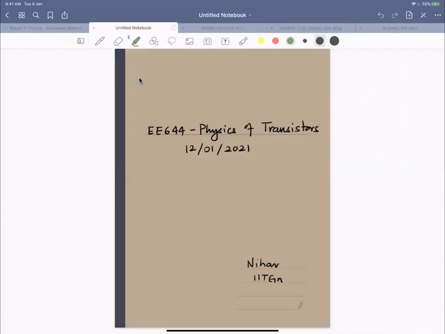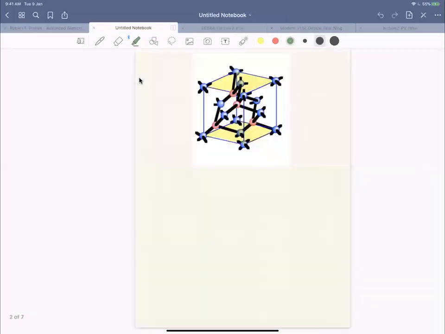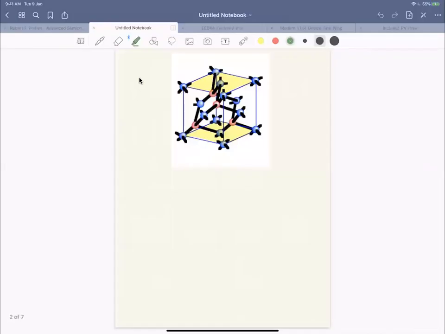Now, we are interested in silicon, so we'll mostly concentrate on silicon. We know that silicon is a diamond cubic crystal, and it has a lattice constant of 5.4 angstrom.